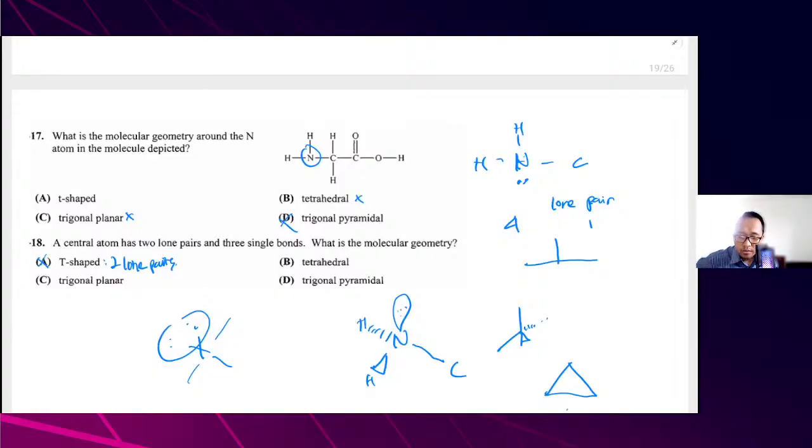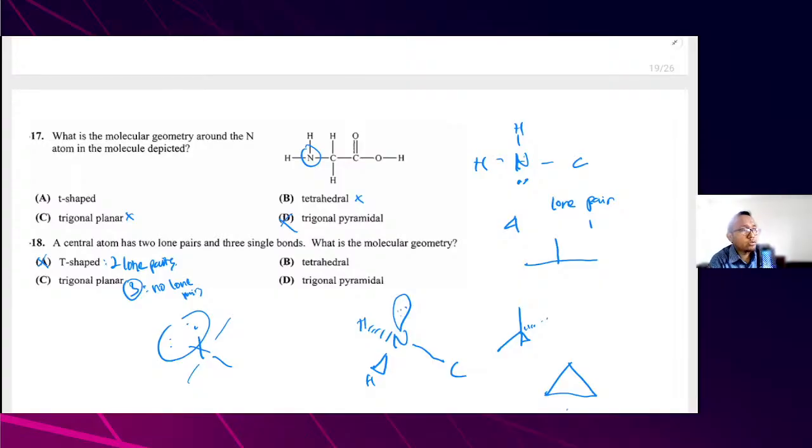Two lone pairs. Trigonal planar, it has three steric number but no lone pair.